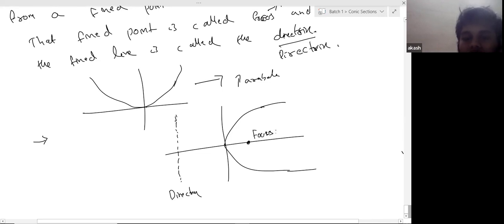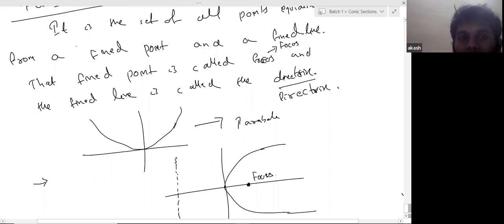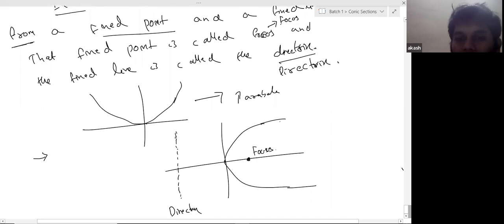The definition is: it is the set of all points equidistant from a fixed point and a fixed line. That means you can take any point on this parabola and calculate the distance from this focus, let's call it A, and the distance of this point from this line will also be A.